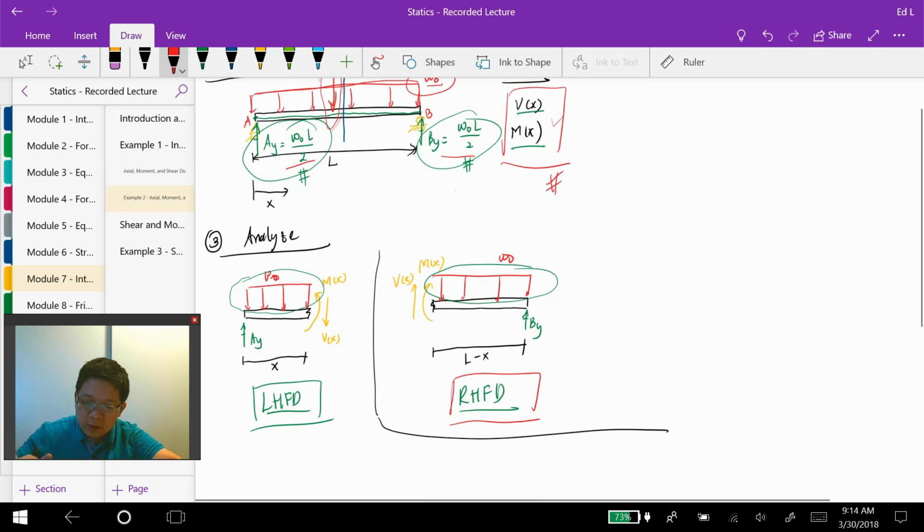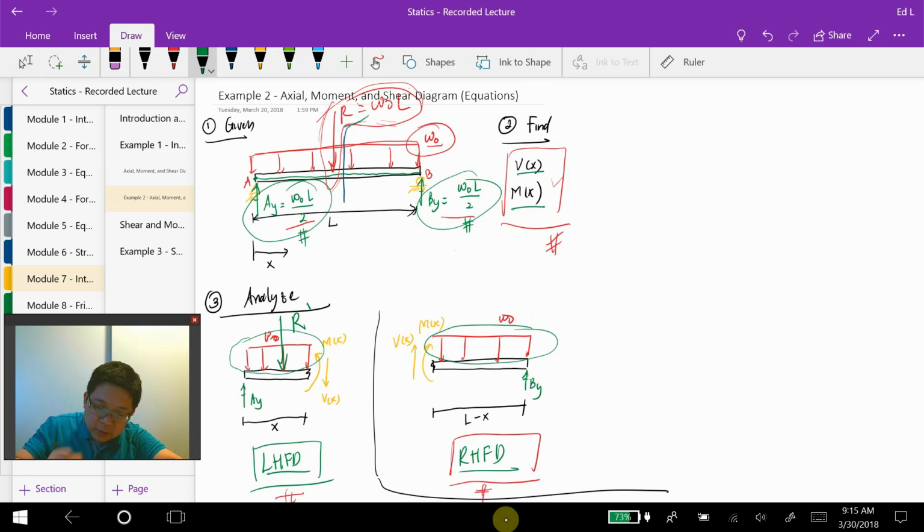Then after you make the cut, obtaining the left-hand and right-hand free body diagrams, you can now simplify the section of this distributed load, and we call it R prime instead of R to differentiate it from what we have written here. So this R prime, instead of W naught L, is W naught X, which is only the resultant of the section of the distributed load located at the distance X on the beam.